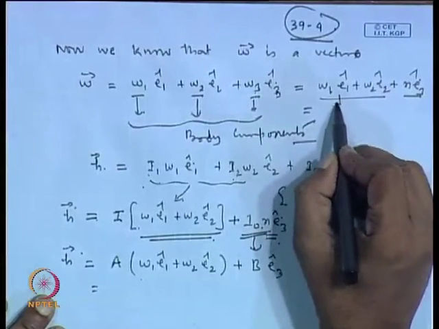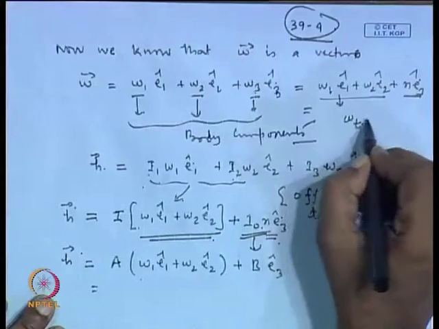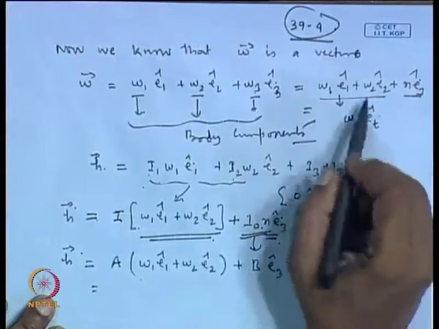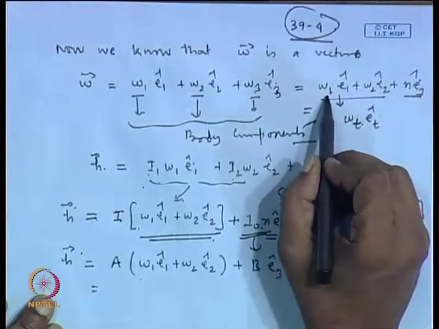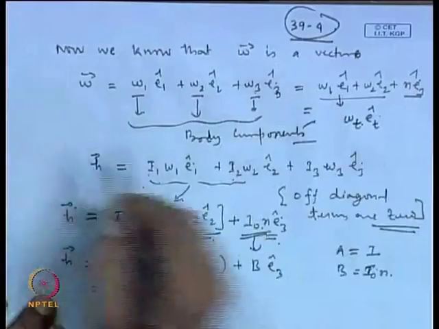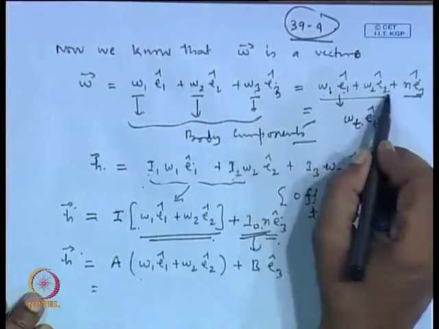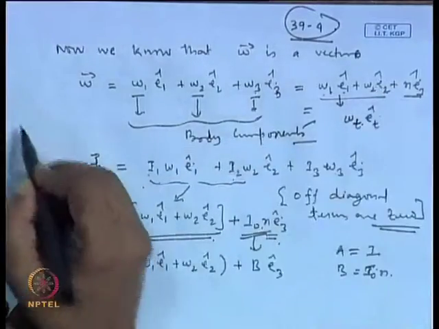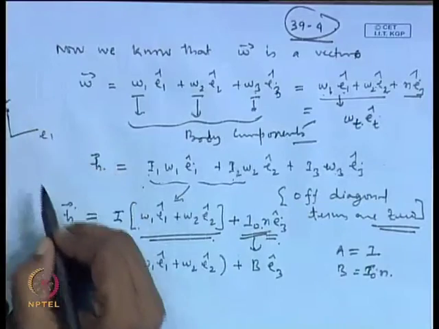Let us indicate this as a vector omega t times E t cap, because these are two vectors: E 1 is a vector and E 2 is a vector.